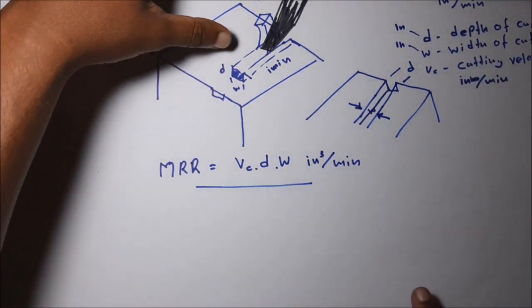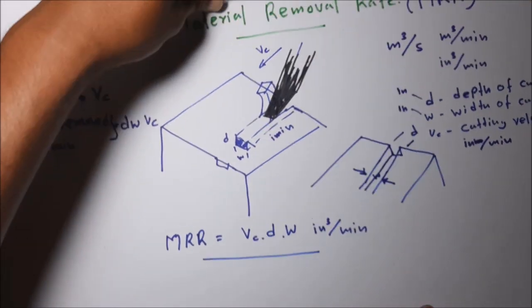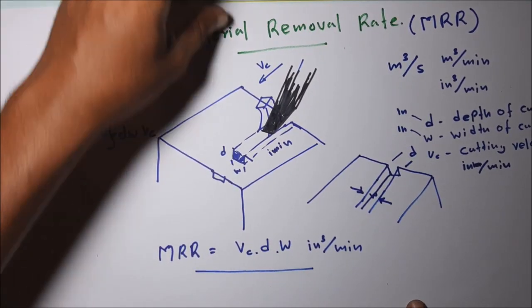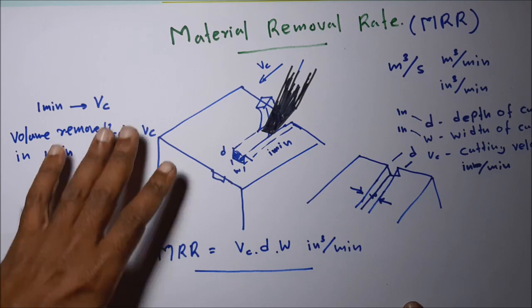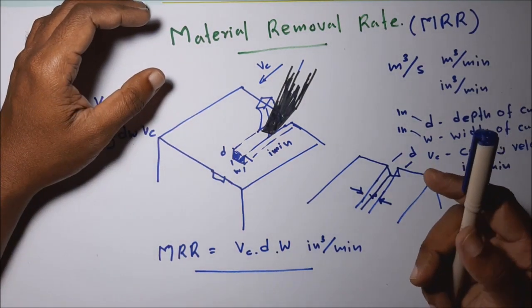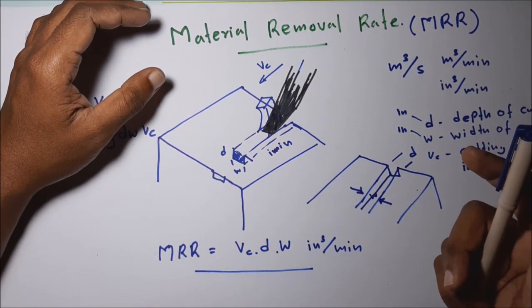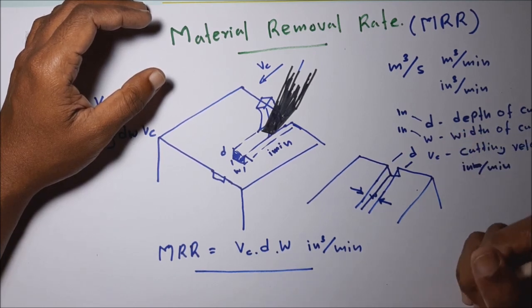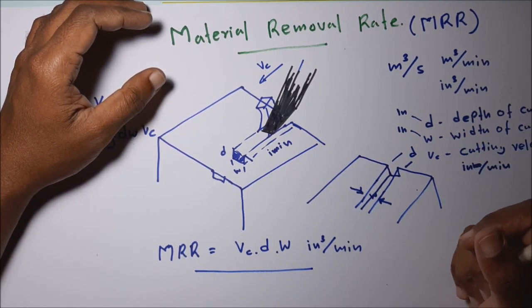This calculation is very important. Why is this calculation very important? When we are going to estimate the total time taken to manufacture a certain component in a machine operation, we should know the material removal rate.